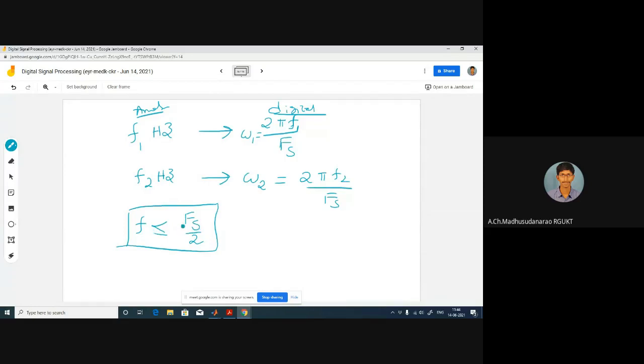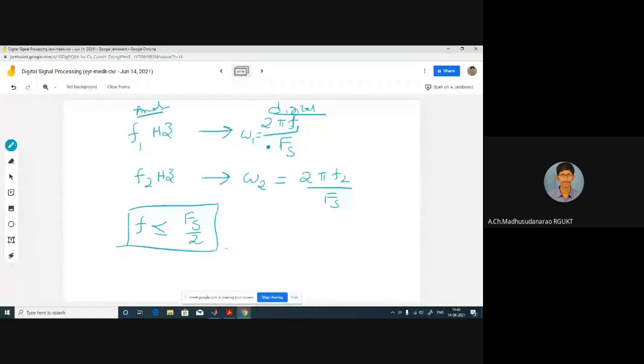F should be less than or equal to fs by 2. Up to that point, this mapping is okay for me. If I exceed fs by 2, if my analog frequency is more than fs by 2, I won't get this kind of mapping. I am going to get some aliasing effect, which we are going to discuss later.